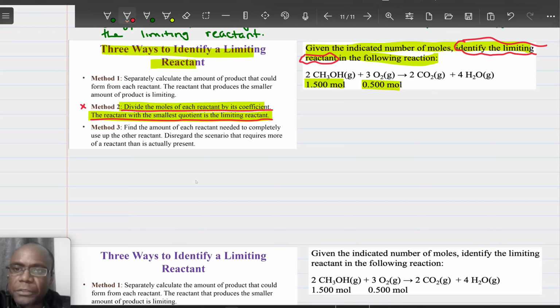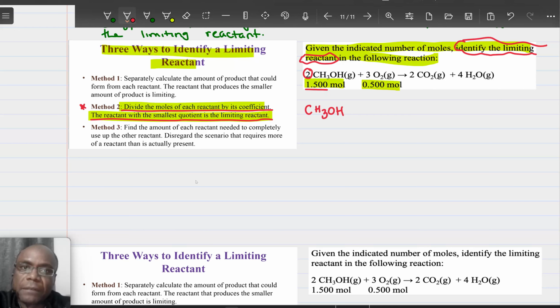So using method 2, divide the moles of each reactant by its coefficient. So let's do that and see. The reactant with the smallest quotient is the limiting reagent. So now this is what we're going to do. I'm going to take my methanol and test to see if it's limiting. What is the coefficient of methanol? 2.